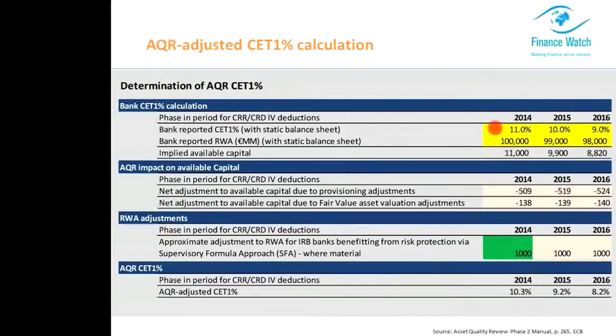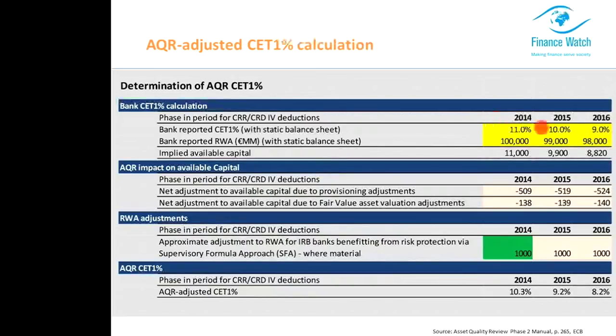must be translated taking into account phasing in arrangements of CRD4 CRR, because there are various phasing in arrangements in this package, especially when it comes to deductions to the common equity tier 1. And in terms of comprehensive assessment, the ECB decided to apply the phasing in provisions. So in other words, there is no full loading of CRR from 2014. Those phasing in arrangements have impact on capital and risk-weighted assets.